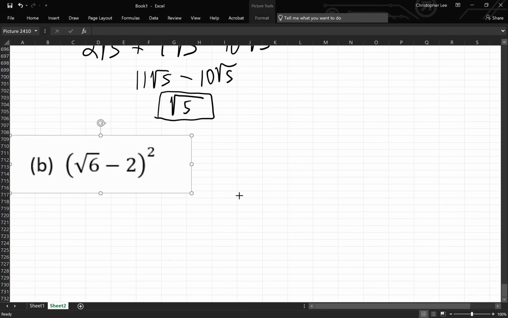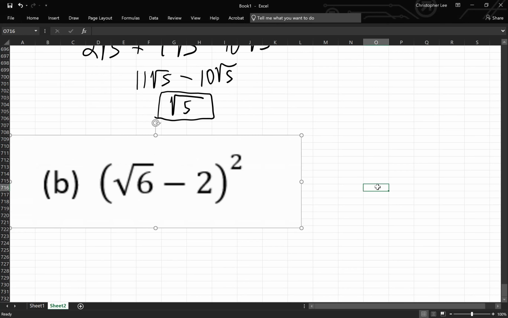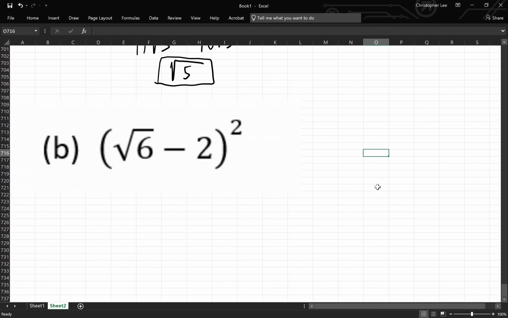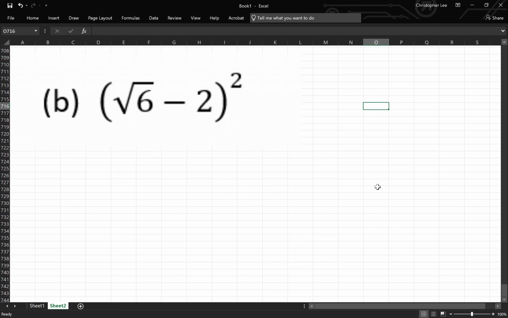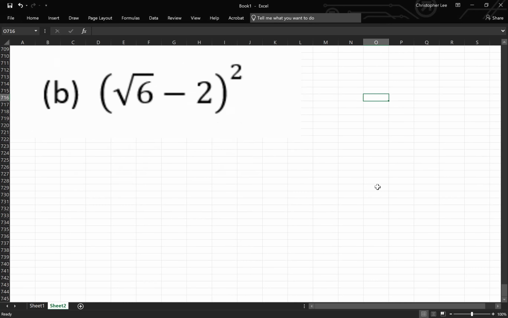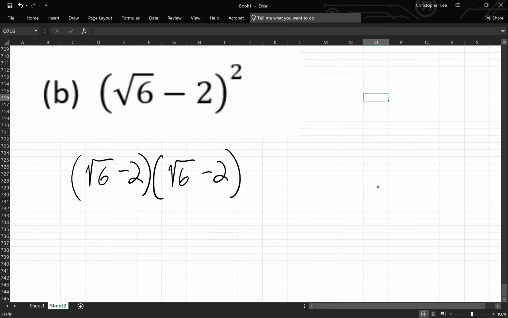Here's my next expression. So I have square root of 6 minus 2, squared. That is the same thing as writing square root of 6 minus 2 times square root of 6 minus 2, right? And all you have to do is just distribute, combine like terms, all that good stuff. So what's my answer going to be?